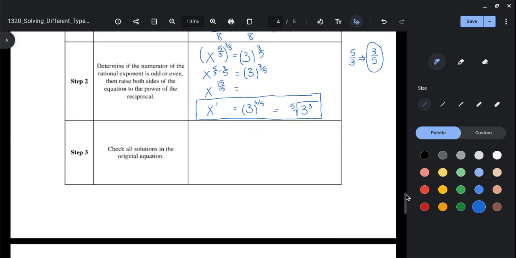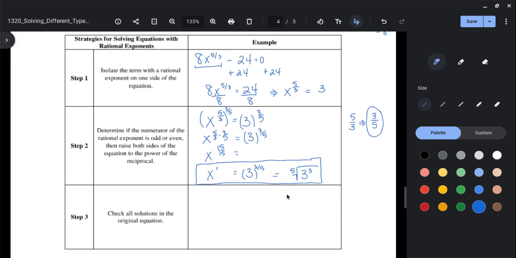So I'm going to use my original equation, which was 8x to the 5/3 power minus 24 equals 0. Remember, I don't know that x equals 3 to the 3/5 power is a solution. I'm checking that.